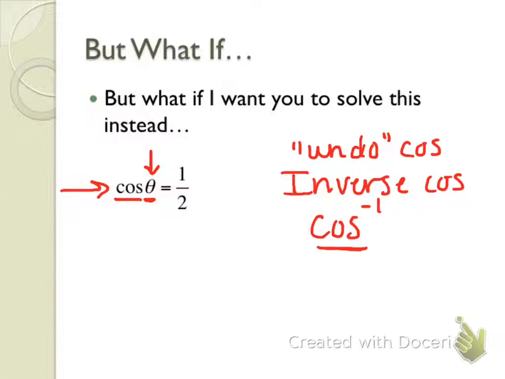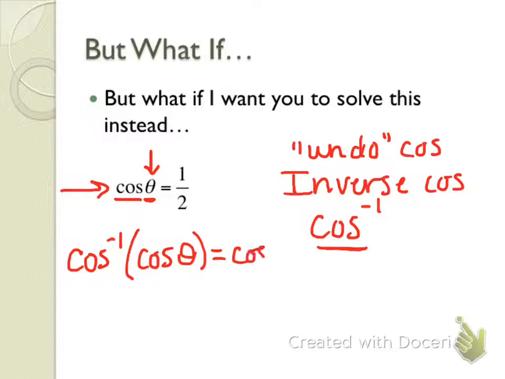So it would look something like this. The cosine inverse of the cosine of theta would equal inverse cosine of the 1/2. Okay, so here the inverse cosine and the cosine are going to cancel each other out. That was the whole purpose of doing this.